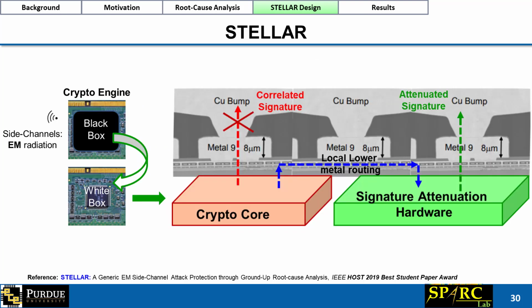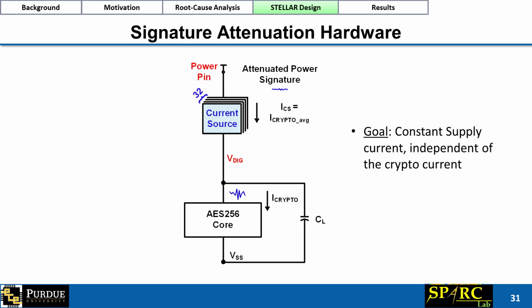This slide shows another view of the Stellar technique achieved through the white box modeling. This was first proposed at the host conference last year, where we received the Best Student Paper award. Now, let us see the design of the signature attenuation hardware.